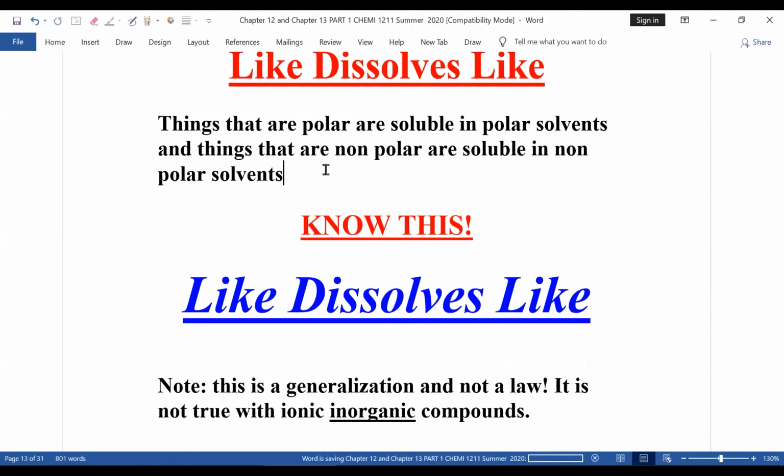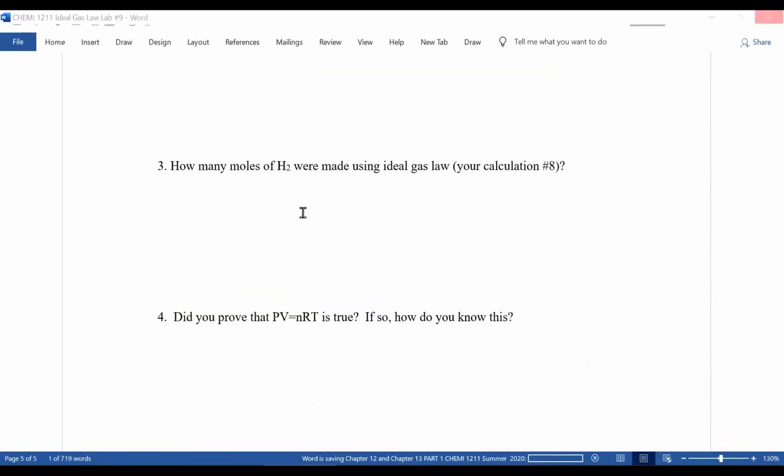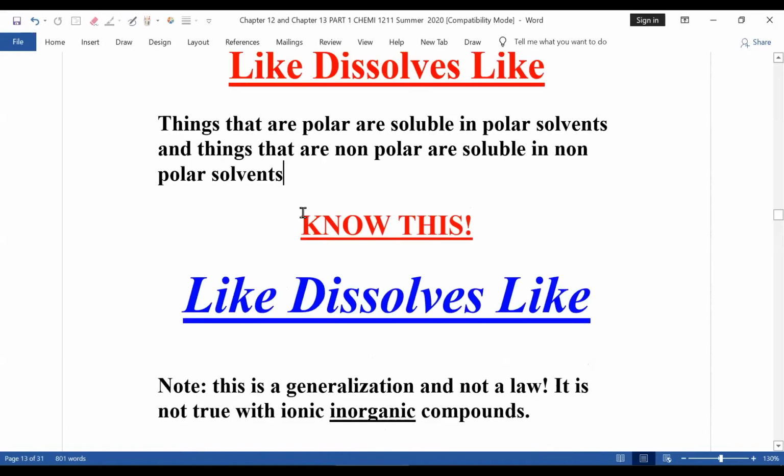All right, now it's right. Things that are polar, meaning compounds, are soluble in polar solvents. Things that are nonpolar are soluble in nonpolar solvents. When you try and mix something that's polar with something that's nonpolar, it's not.